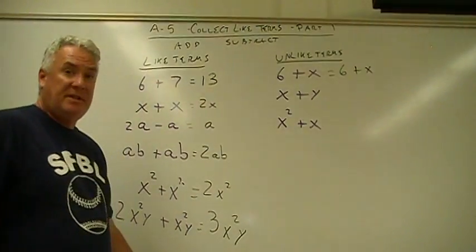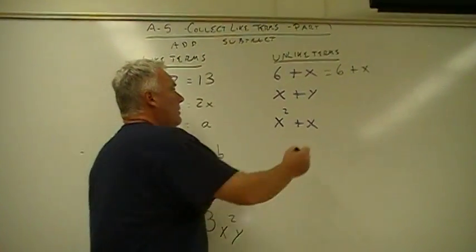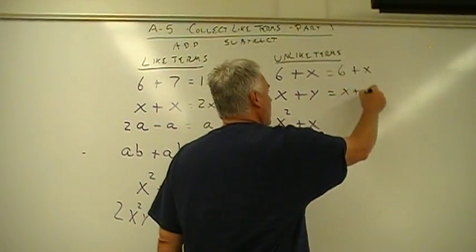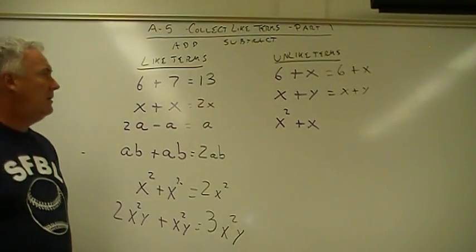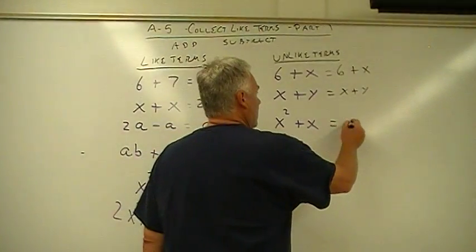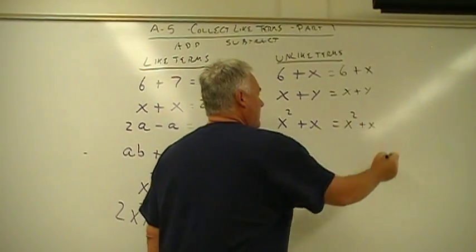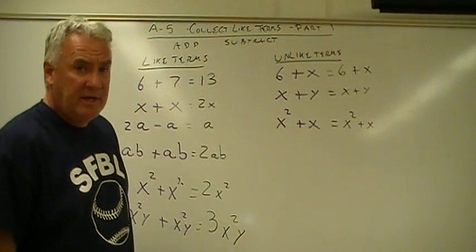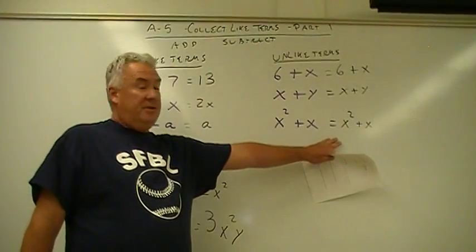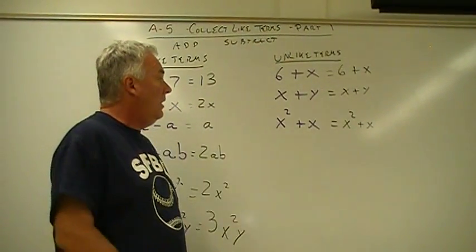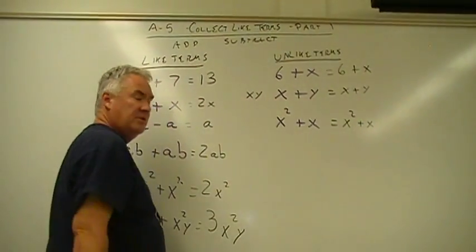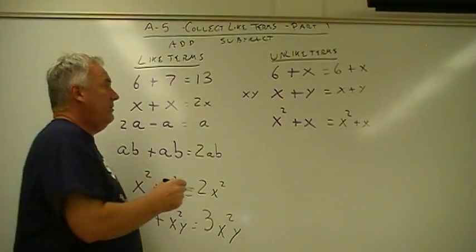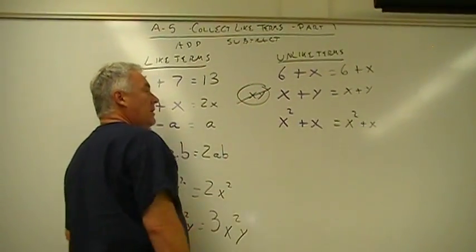6 plus x stays as 6 plus x. x plus y stays as x plus y. x squared plus x stays as x squared plus x. A lot of students will think that you can make this into xy. You cannot do that. Not true.